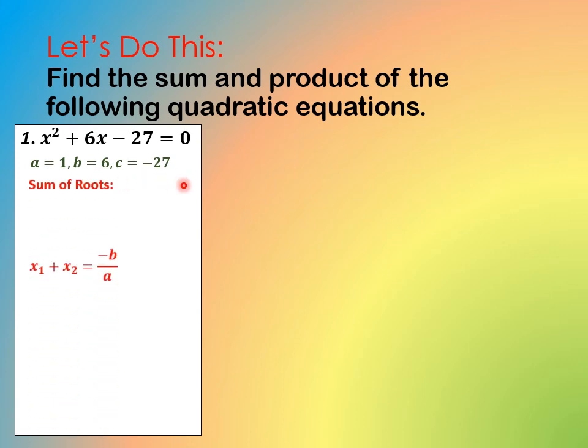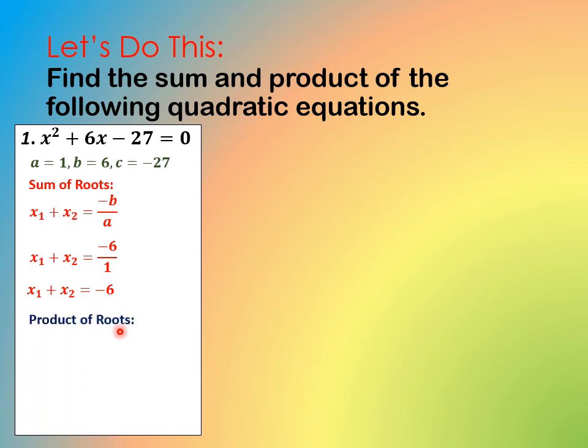For the sum of roots, we have negative B over A. So what will we do? We just substitute. B is 6, so we have negative 6 over A, which is 1. Negative 6 divided by 1. The sum of roots of x squared plus 6x minus 27 is equal to 0 is negative 6.